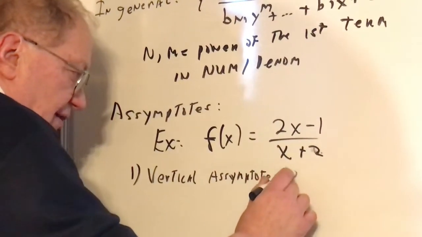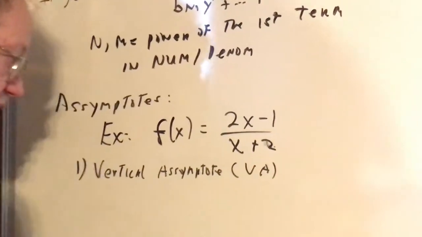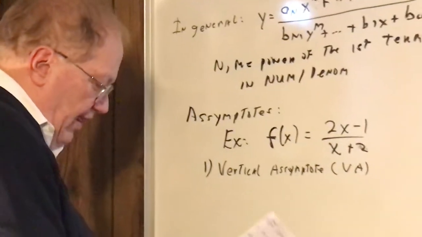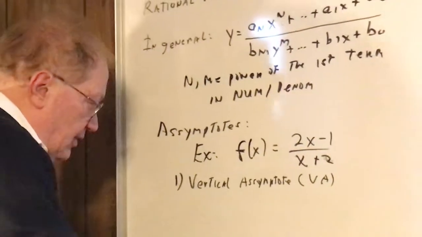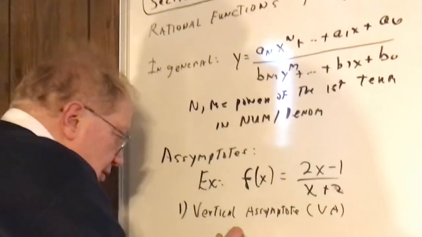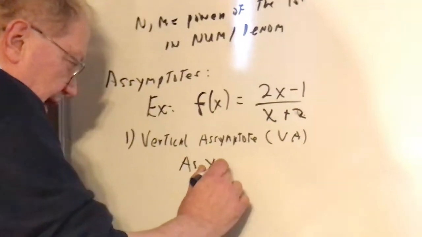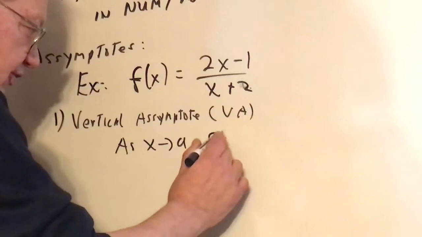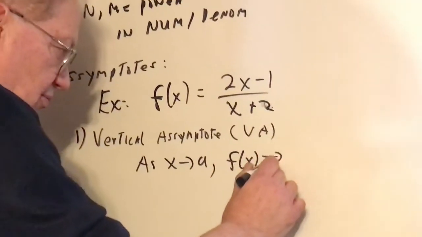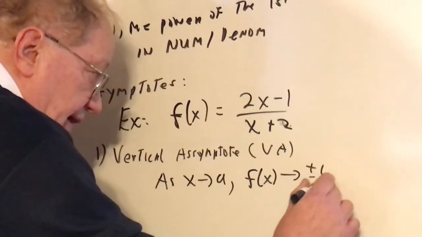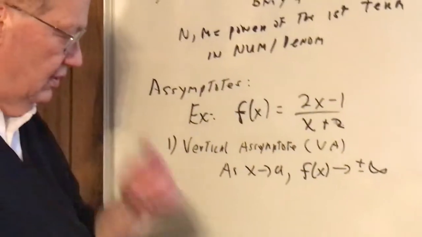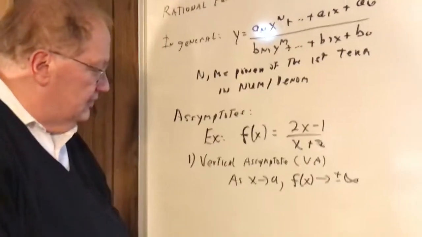I'm going to call this VA. The vertical asymptote says, very simply, that as x approaches some constant a, the value of f of x approaches plus or minus infinity. That means the value of f of x never hits anything.